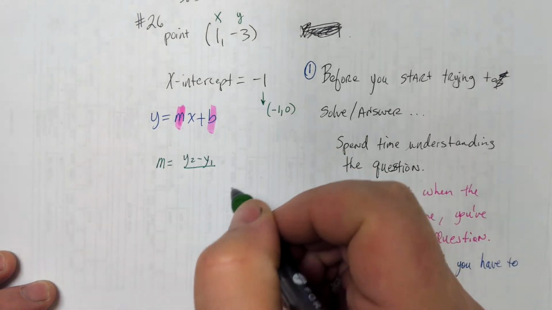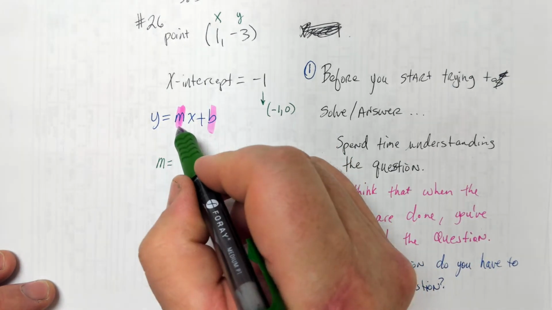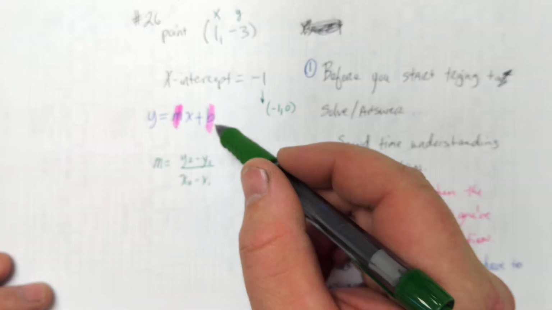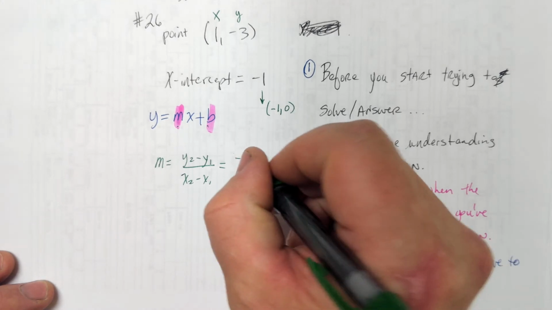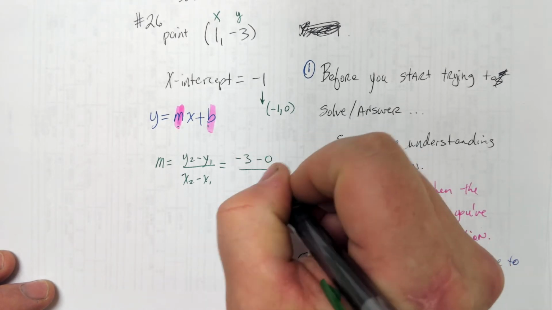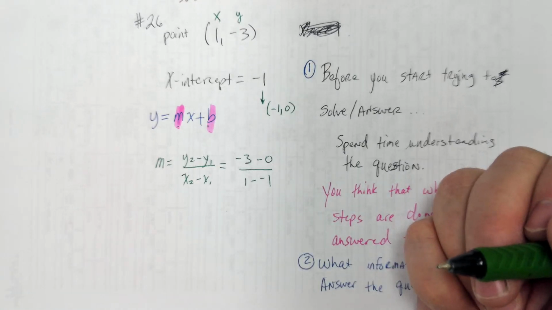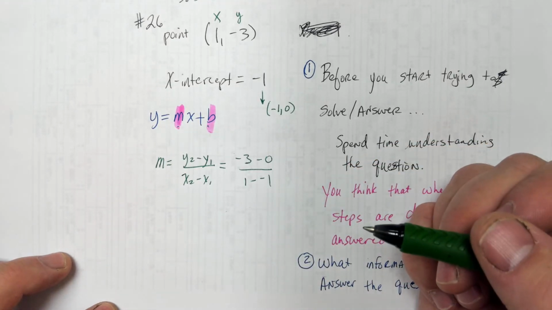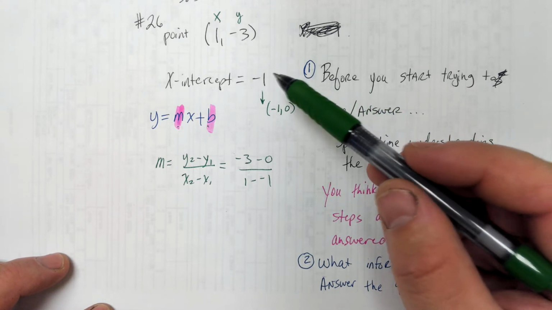Jacobo, we good with this? So you're going to find the slope because we need that information. I don't know how to find the y-intercept yet, but I do know how to find the slope. So, Alex, this is -3 minus 0 over 1 minus -1. Hold on, let me make sure I didn't mess this up.